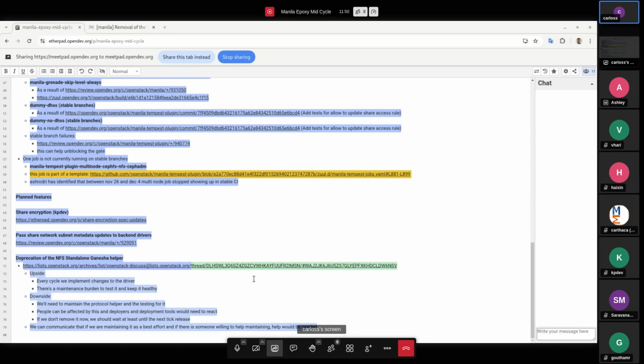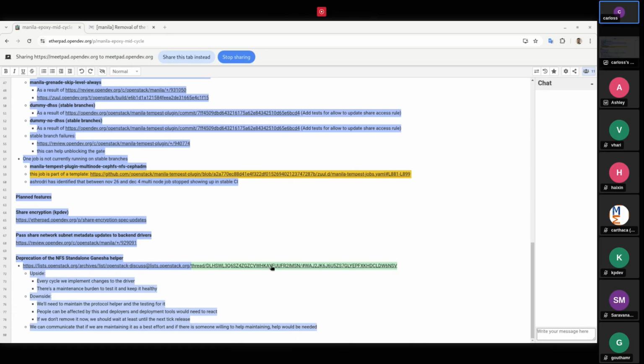Yeah, about the deprecation though, I felt that if we do the removal now, we all saw James mentioning that there might have been problems delivering it. Yeah, it's something a bit complicated.